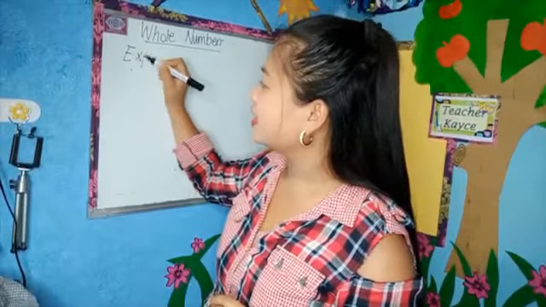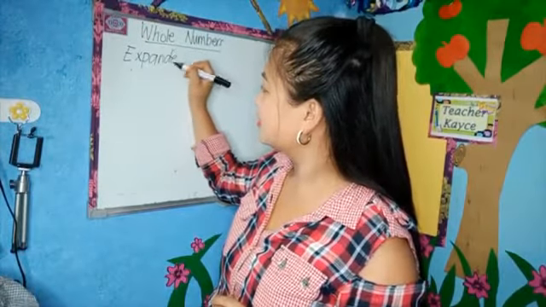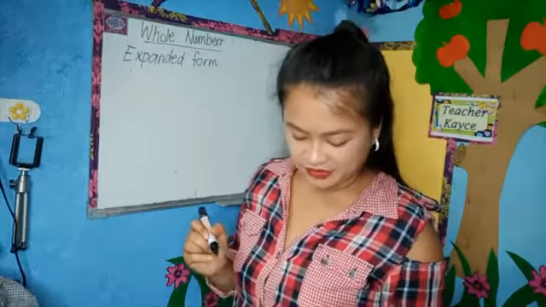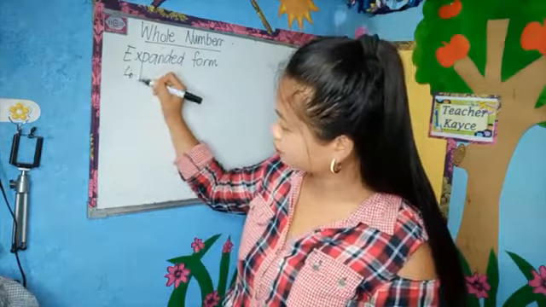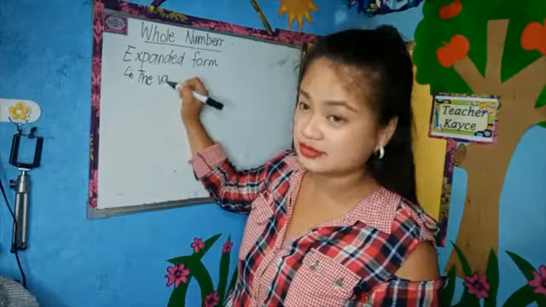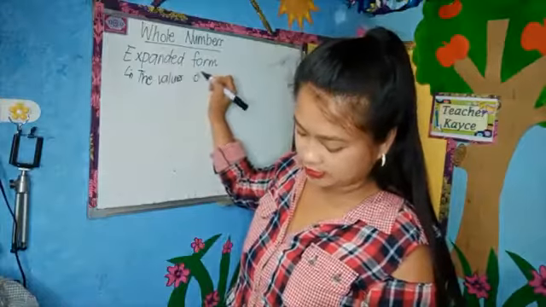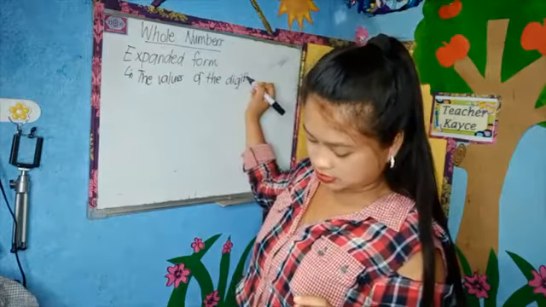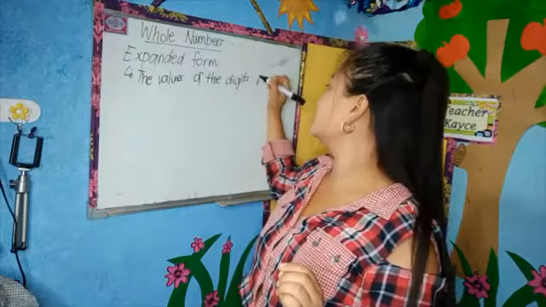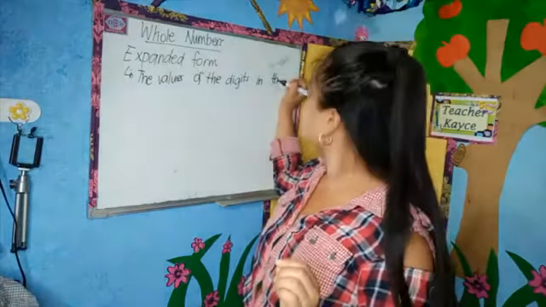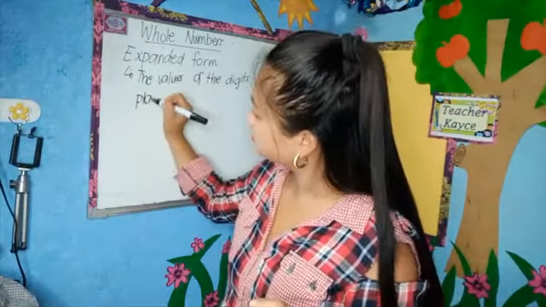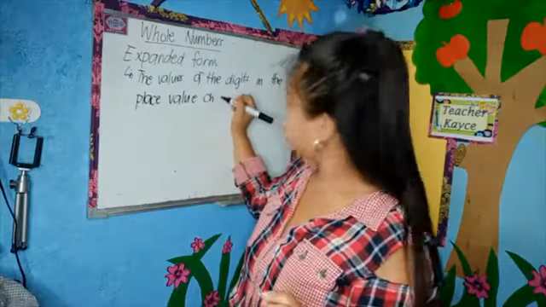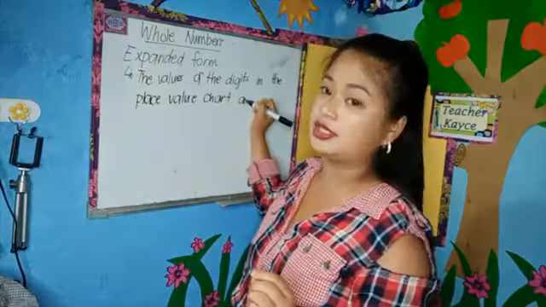In expanded form, the values of the digits in the place value chart are added.